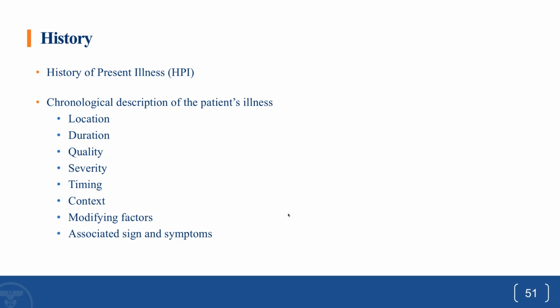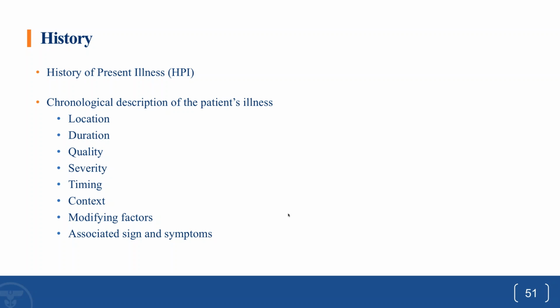the HPI. Right? So what you can do on page 6 is highlight those things. It starts on that paragraph, that second paragraph, that second sentence there, and you can highlight them: location, quality, severity, timing, context, modifying factors, and associated signs and symptoms significantly related to the presenting problem.